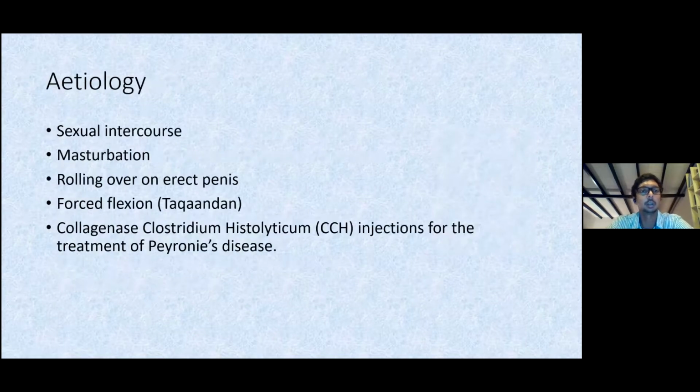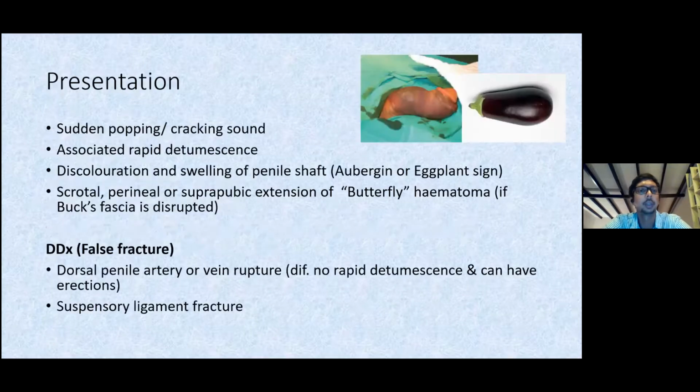With regard to etiology, multiple causes, as you can see, can lead to penile fractures, and the etiologies differ significantly in different parts of the world. In the West, it is mostly due to sexual intercourse, but in African, some Mediterranean or Arabic countries, it is actually due to masturbation and forced flexion to achieve rapid detumescence.